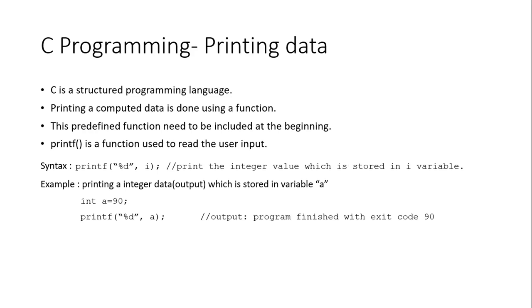In the example, int a equals 90, a defined variable is assigned 90 as a value. In printf, we specify which type of data we are printing, that is integer, so we mention %d, and then we extract the data from the variable a, which is 90, and it will get printed. This is how you print or display data in a C program.